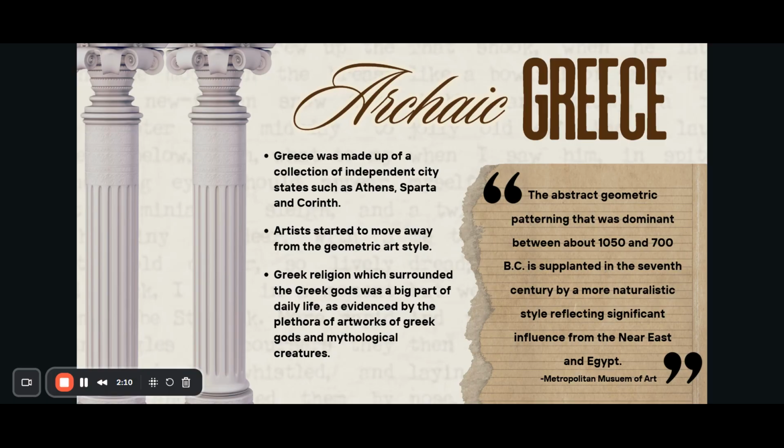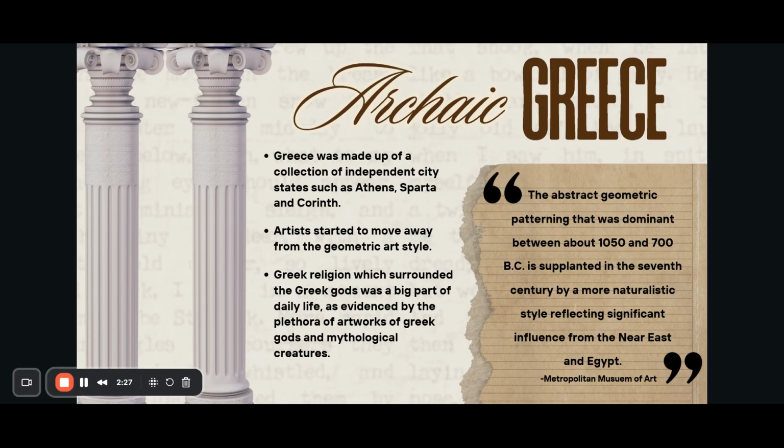A lot of art started to move away from the geometric art style. Lots of art produced during this period depicted Greek mythology or the Greek gods, and that showcases to us that that was a very prominent part of life.